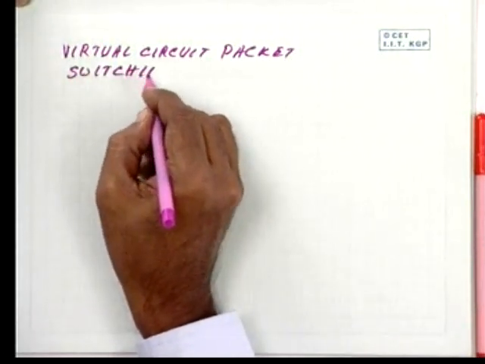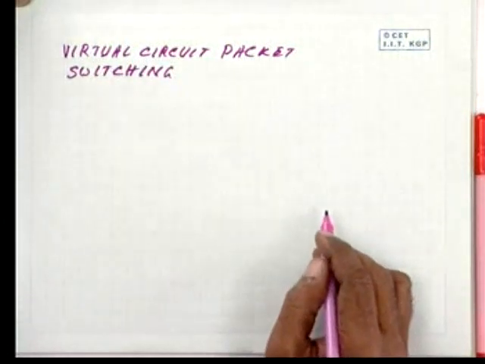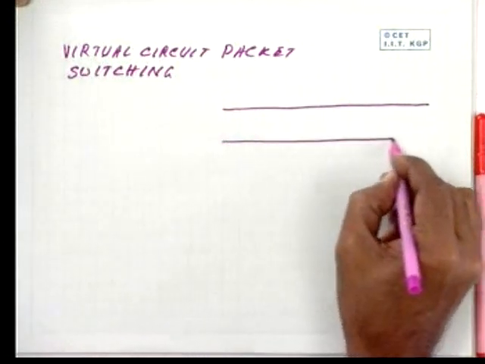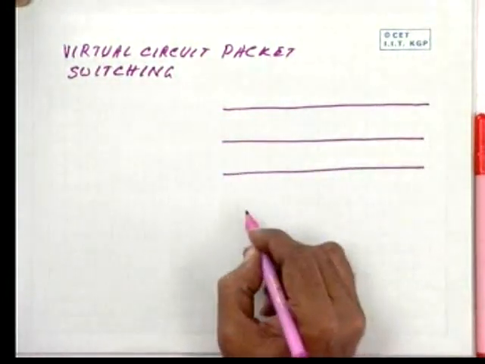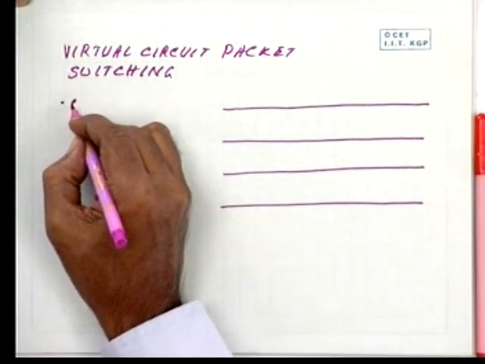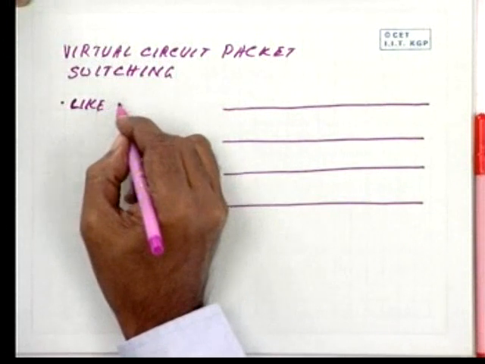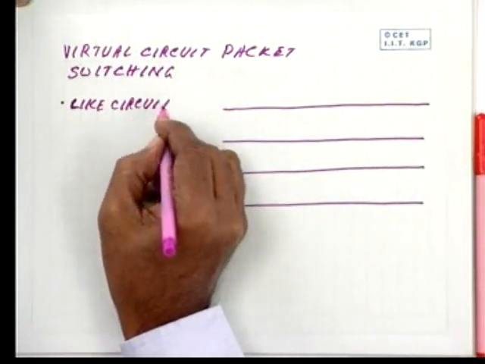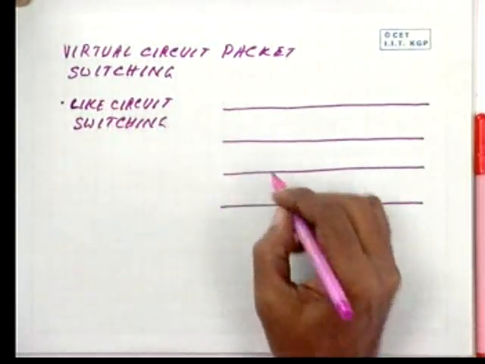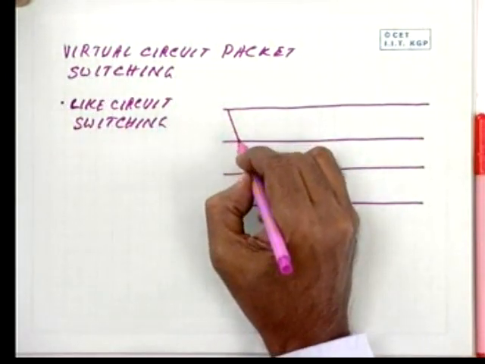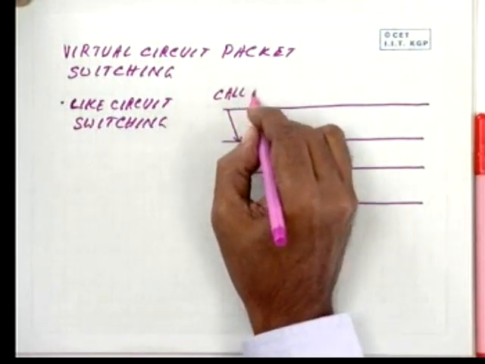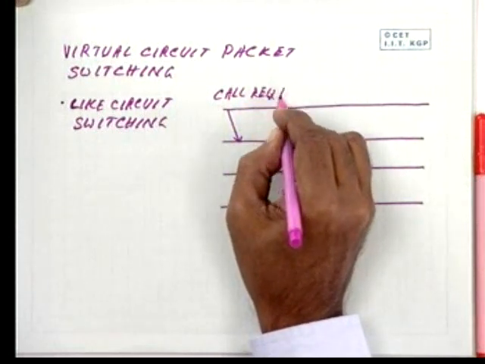In this case, assuming the same number of nodes between 2 stations, here, like circuit switching, you are initially performing call setup by sending a call request packet.